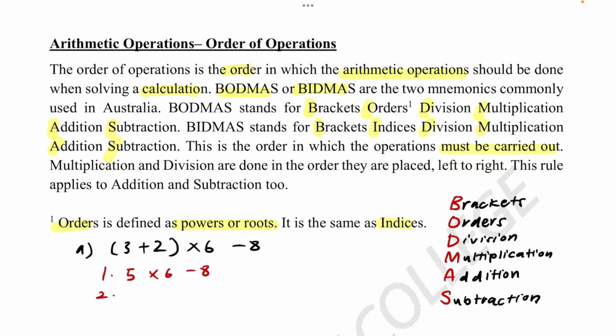Second step, we would have to do the multiplication, because multiplication is over subtraction. So then it will be 5 times 6, which we know is 30, minus 8. Now, number 3, we just do the simple subtraction. So it will be 30 minus 8, which is 22. So the answer would be 22.